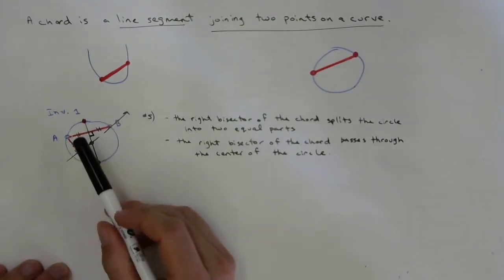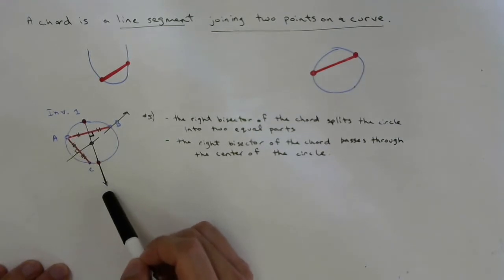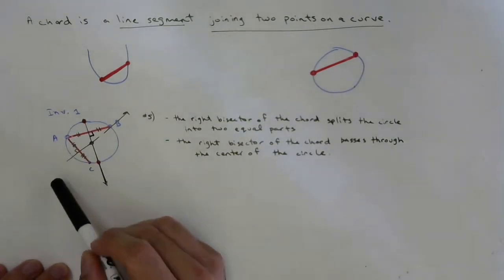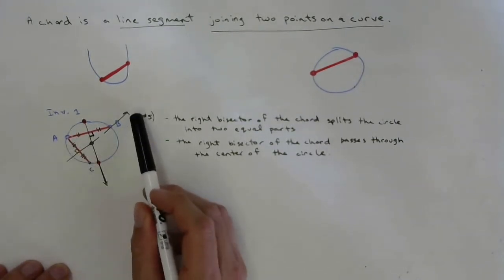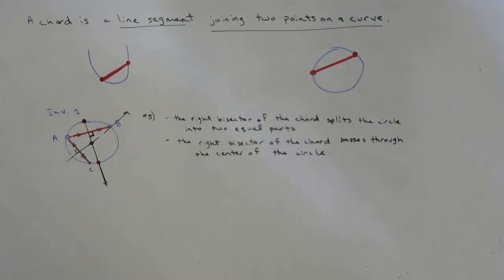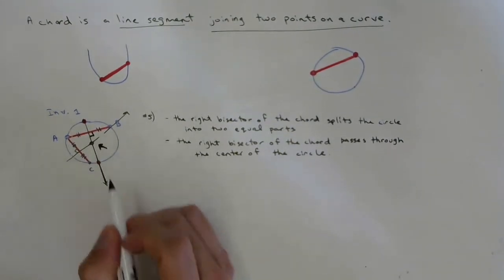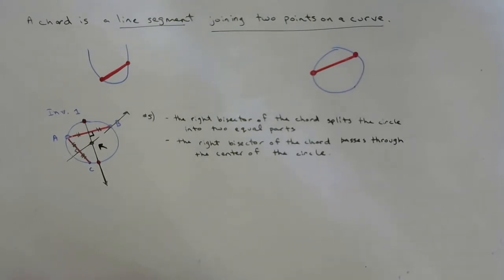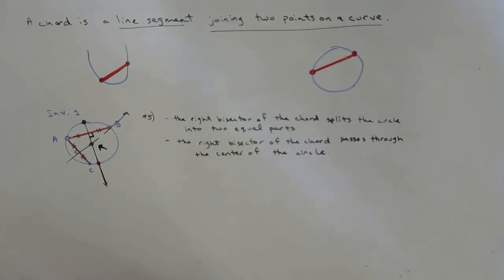If this right bisector travels through the center of the circle, and this one travels through the center of the circle, then the center of the circle must be where they intersect. The point of intersection must be the center of the circle. It's the only point that they will have in common. So, no math, no coordinate geometry whatsoever, just a picture with some markings on it, and you can find the center of any circle. Yes? Yep.